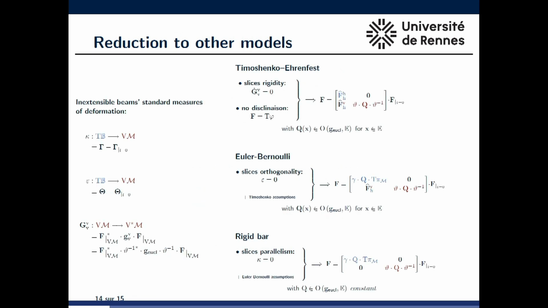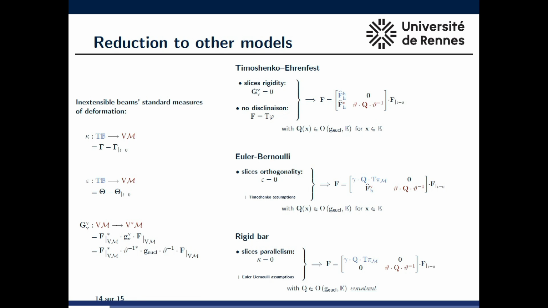As it turns out, our connection, our solder form, are nearly enough to define usual beam theory measures of deformation. Okay, the last one seems maybe a bit threatening, but it's just a microscopic Cauchy-Green, just a metric on the microspaces. All right, and so if we use them, we can then redefine the usual model by restricting our transformation.